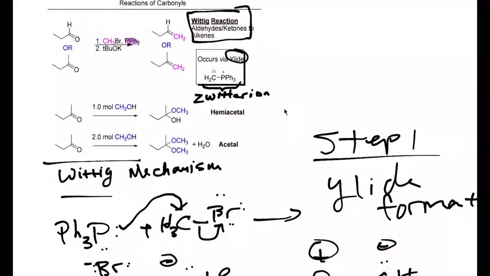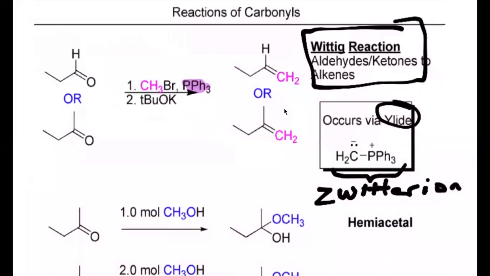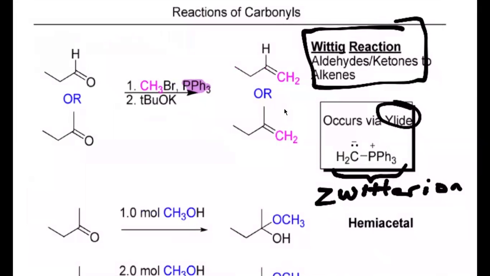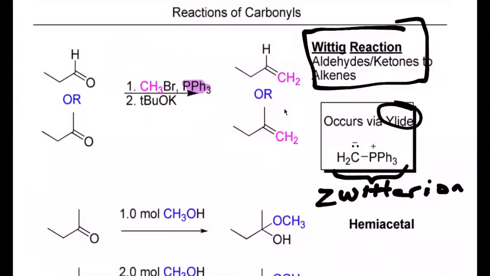Another way to think about this, even if you don't know the mechanism, or you can't come up with the mechanism, there is, I don't want to call it a shortcut, but there is a way to think about this. If you look at your alkyl halide, and you look at the product, what did I lose from the alkyl halide to get to that product? The oxygen?